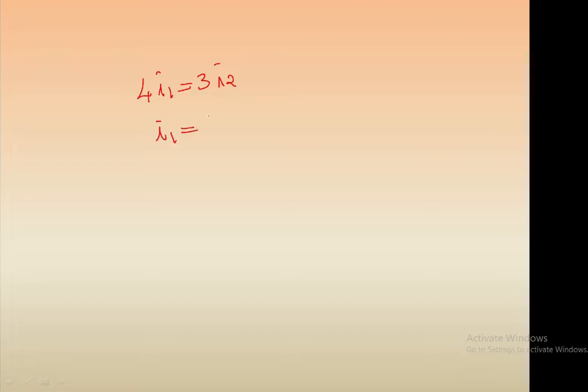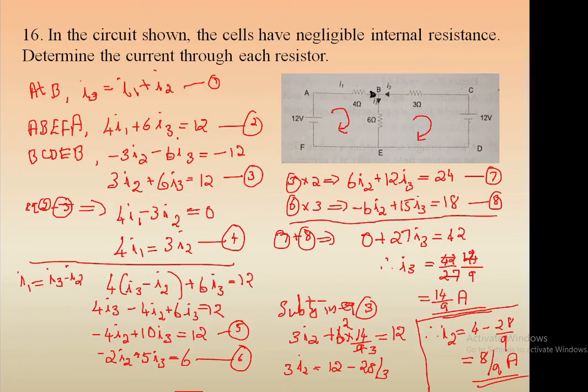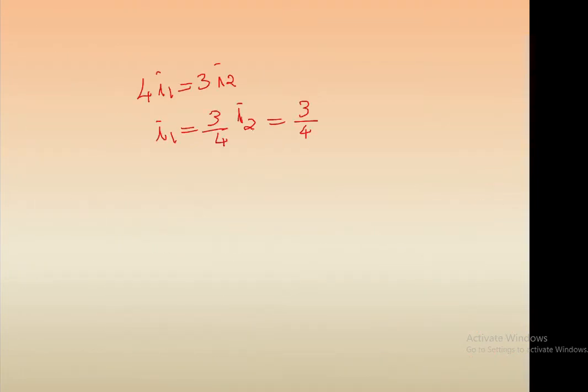Therefore I1 is equal to 3 by 4 into I2. The value of I2 is equal to 8 by 9. So this 4 is cancelled by 2 times and 9 is cancelled by 3 times. That is equal to 2 by 3 ampere.